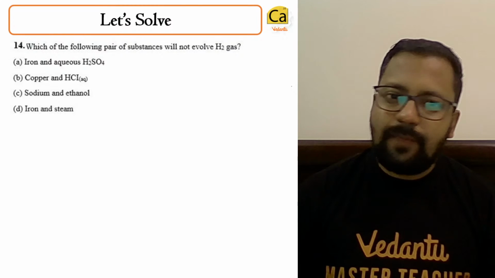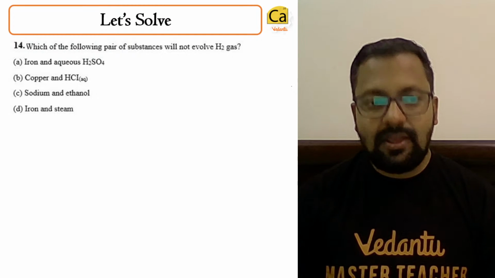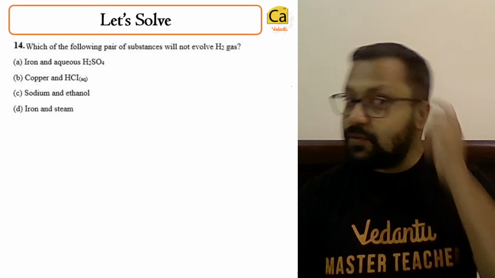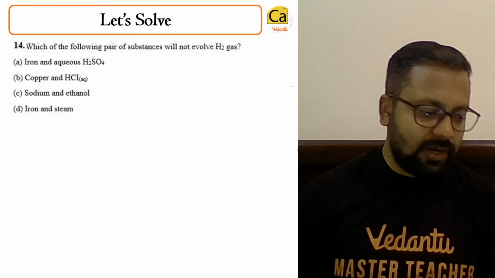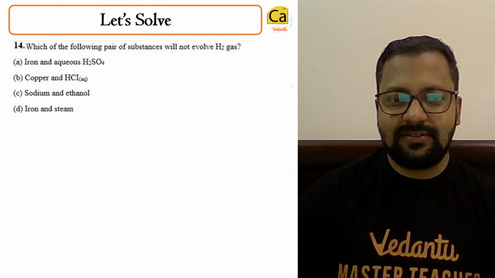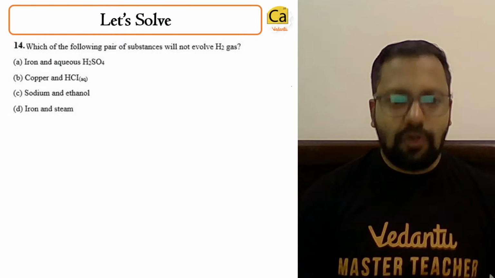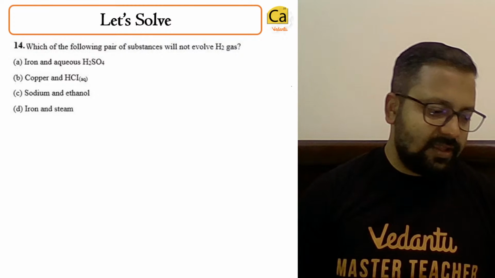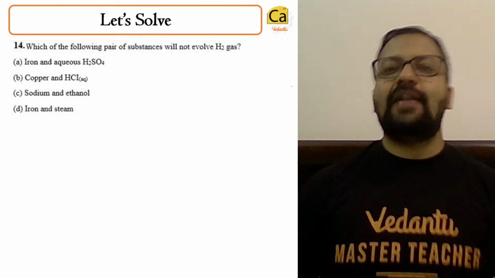Which of the following pairs will not evolve hydrogen gas? Look at the combination: iron and H2SO4, copper and HCl, sodium and ethanol, iron and steam.